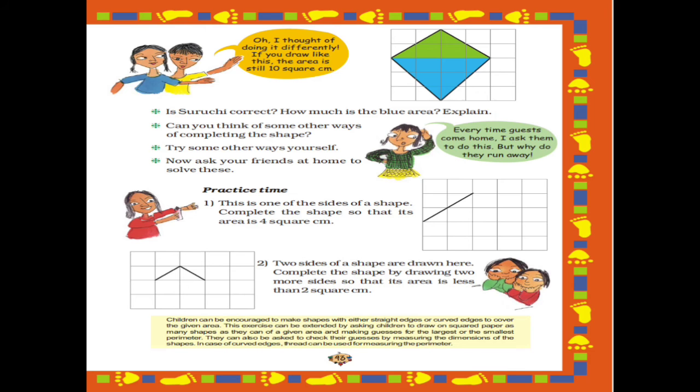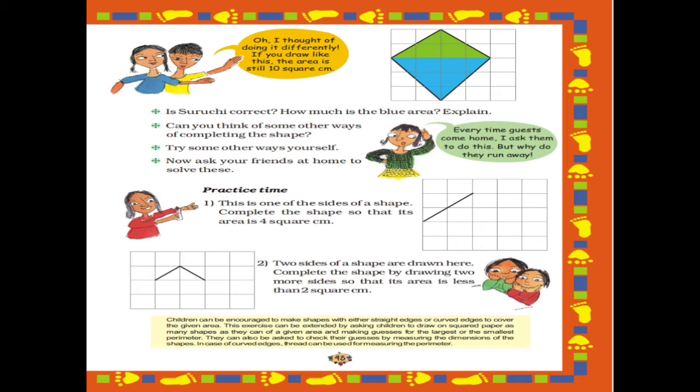Then we will explain whether it is 10 square centimeter or not. So let's see whether Suruchi is correct or not. Yes, Suruchi is correct. How? See, the area of the green triangle is equal to the area of half the rectangle measuring 4 into 2. How half? See, this is a rectangle, right? So it is half of the rectangle.